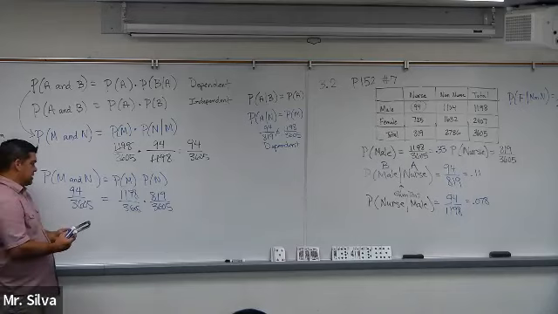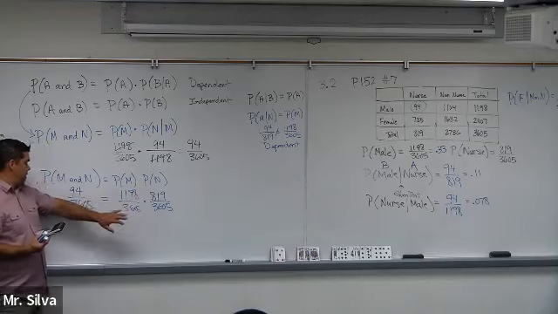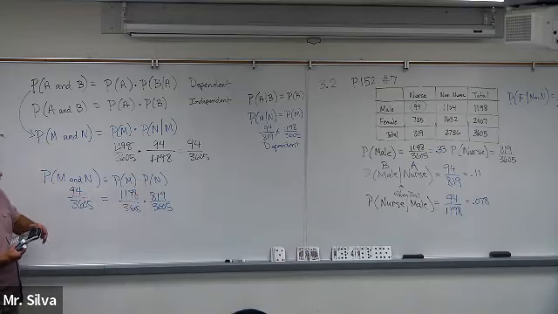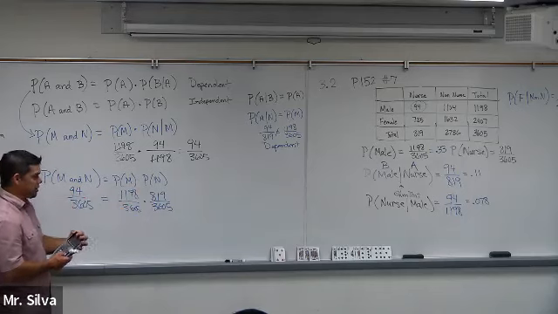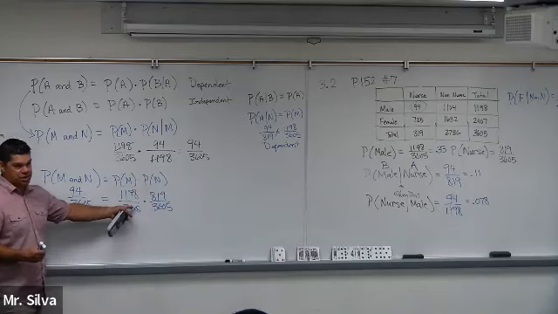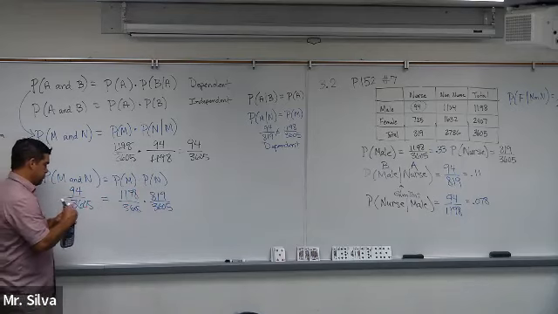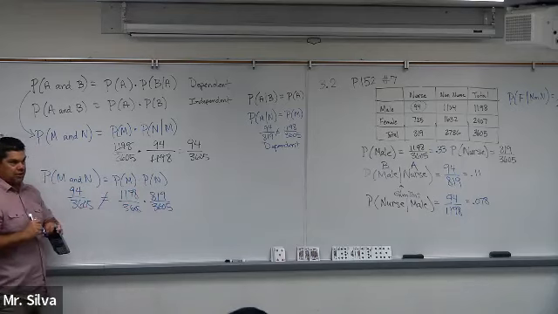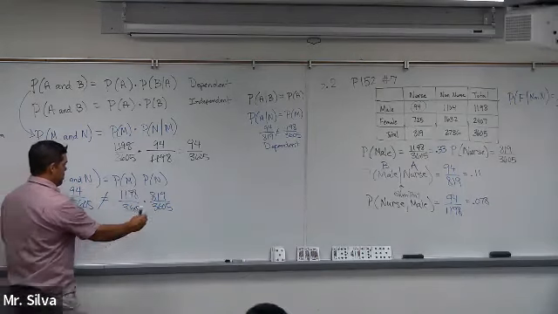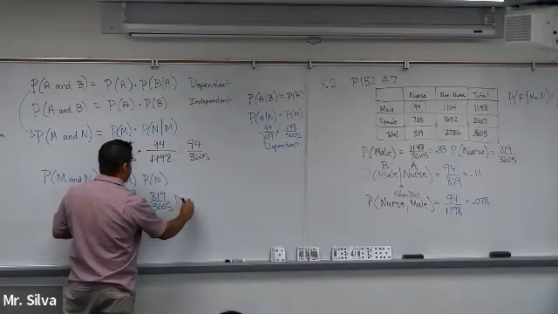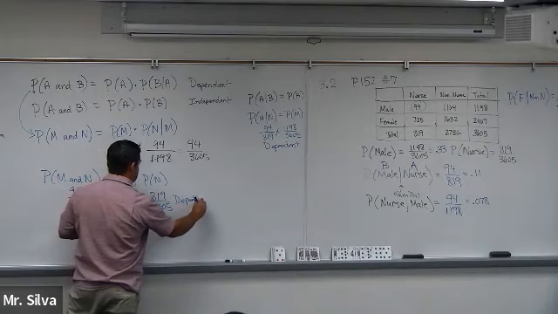I got 7.5. That's 7.5. On the probability of being a male nurse, it is 0.11, that's 11%. This is 7%. They are not equal. Therefore, dependent. They're not independent, they are dependent.